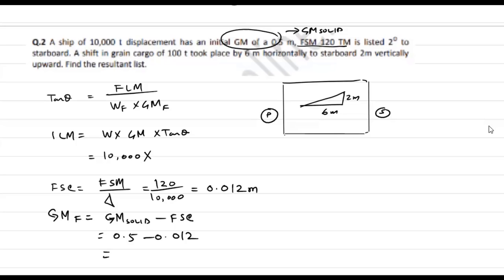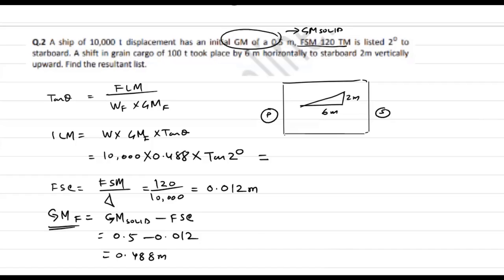The answer will not make much difference, but it is 0.488. So this is GM fluid. 0.488 into 10,000 into tan 2 degrees.